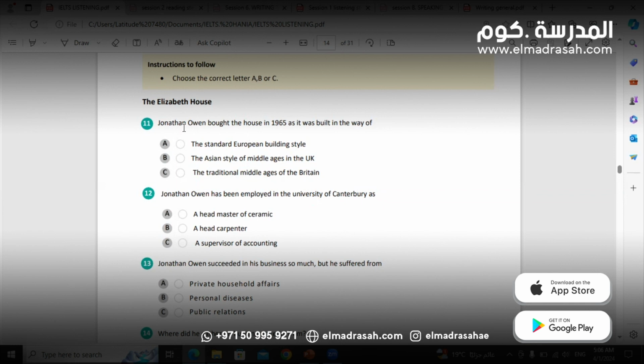Like here, Jonathan bought the house in 1965 as it was built in the way of. So this means that here you should have the style of building. So this is our keyword or our key phrase here. This is for the listening part, and it's important to have a paper and pen with you. Okay.